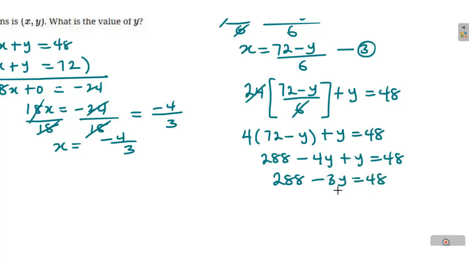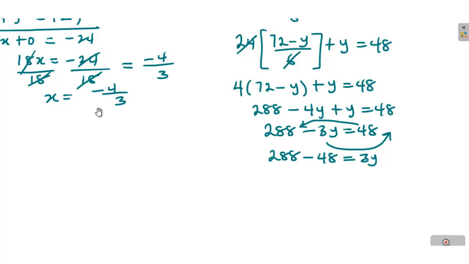So let me move minus 3y here and move 48 in. So I have 288 minus 48 is equal to 3y. So 288 minus 48 will give me 240.